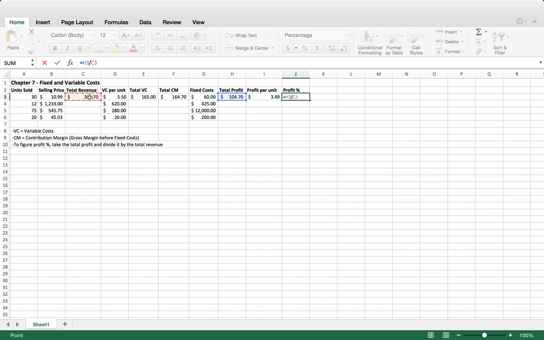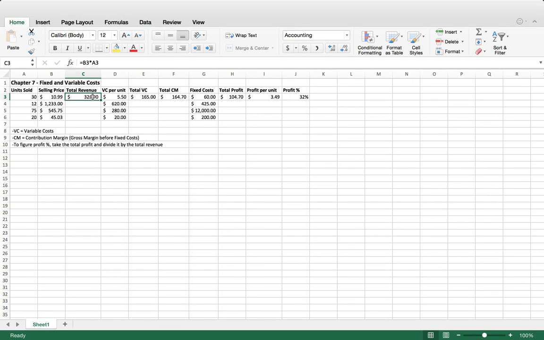What percentage of the total revenue is our profit for selling these 30 units? And that comes to 32%. So we make 32% profit for selling these 30 units at $10.99, which produced a total revenue of $329.70. Backing out our variable costs and our fixed costs, we get our profit, and voila, that's how we get our 32% profit.